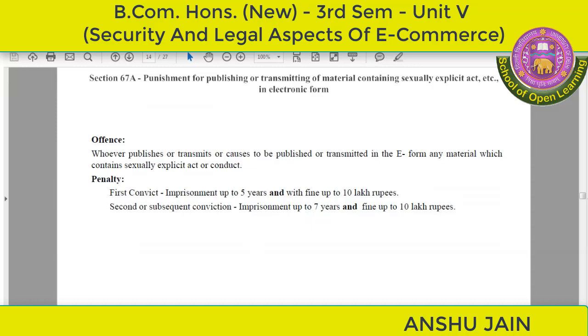The offense is any person who publishes or transmits or causes to be published or transmitted in any e-form any material which contains sexually explicit act or conduct. तो अगर sexually explicit act और conduct का कोई भी material आपने पब्लिश किया, शेयर किया, ट्रांसफर कर दिया एक प्लेटफॉर्म से दूसरी जगह पर, then that is the offense, and the penalty for the first time is imprisonment up to 5 years along with a fine of up to 10 lakh rupees, and in subsequent convictions you may have imprisonment up to 7 years along with a fine up to 10 lakh rupees.